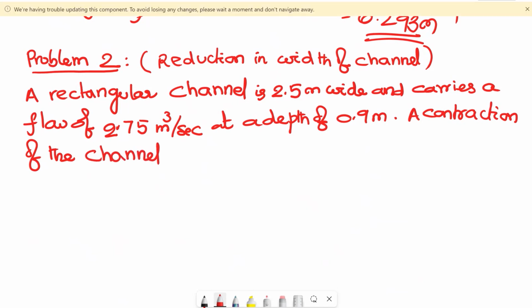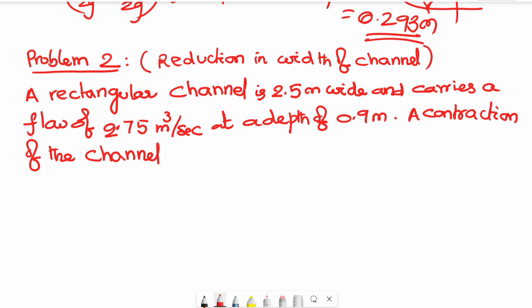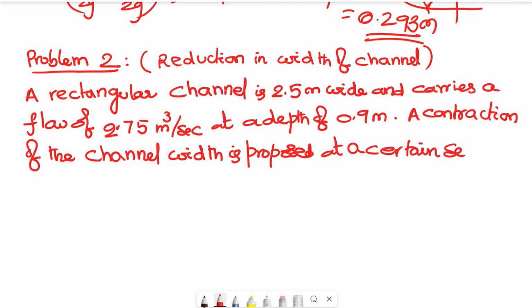A contraction of the channel width is proposed at a certain section, given in figure.